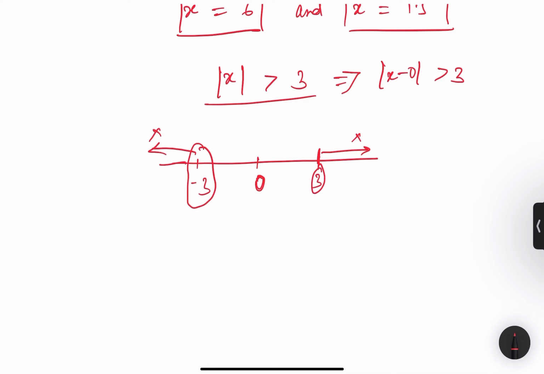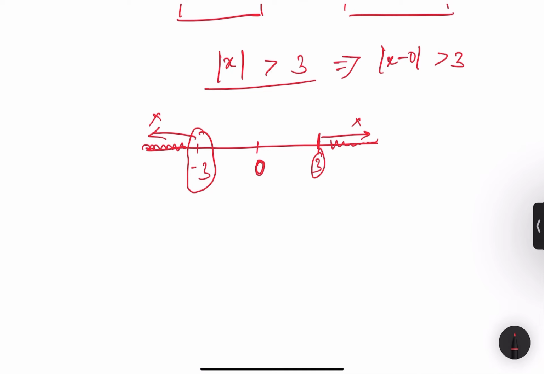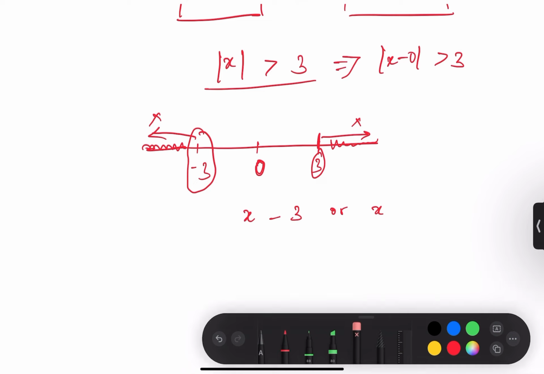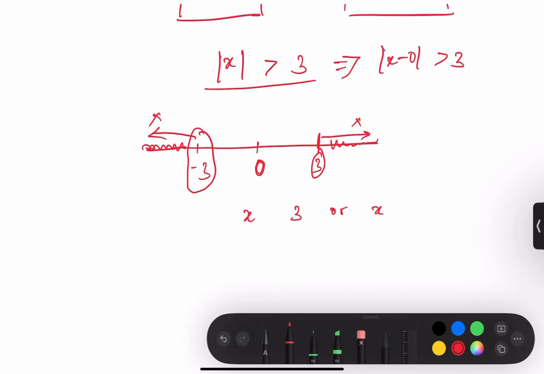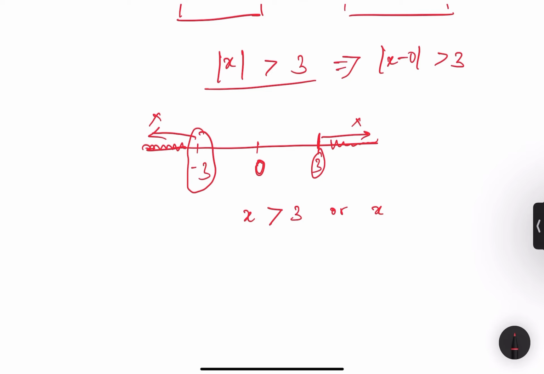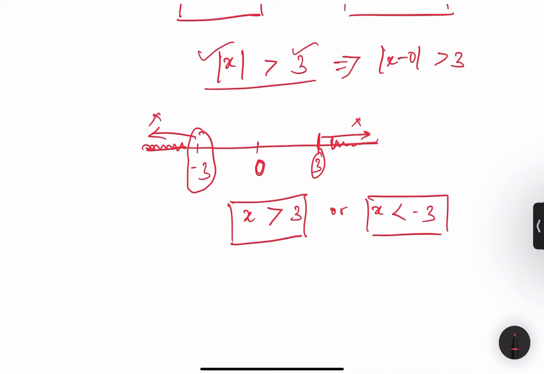These are the possible zones of x to be at. So what are the possible values of x? X is either more than 3 or x is less than minus 3. These two are the possible values from this equation, mod x is more than 3. So either x is falling here or x is falling here.